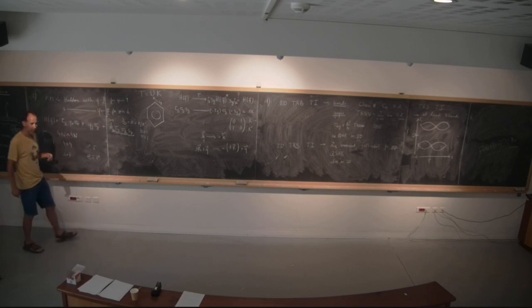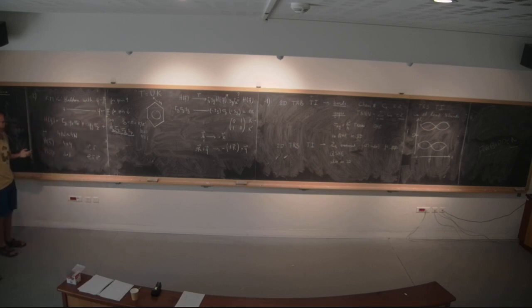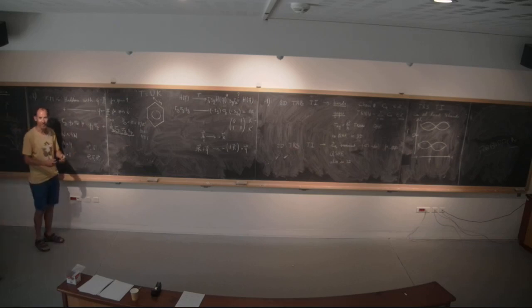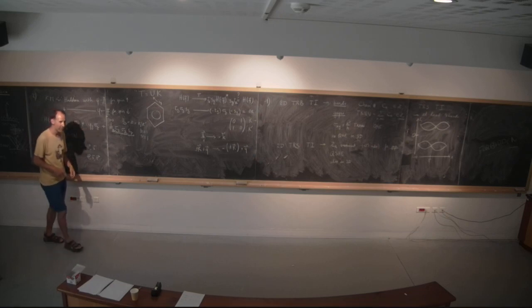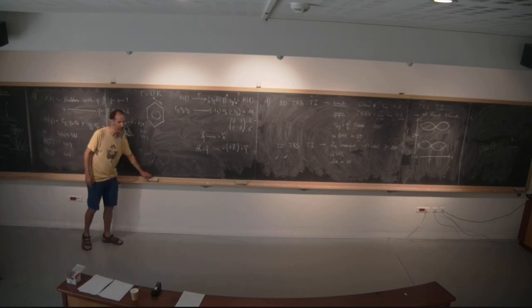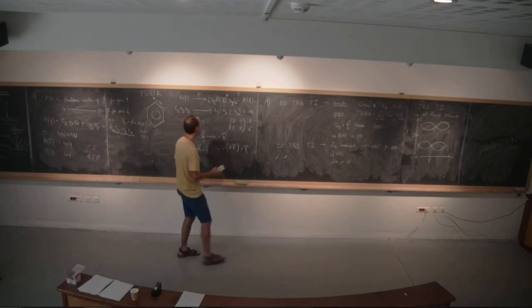But Kane and Mele were smart enough to realize that such a term ought to be present, just on symmetry reasons. And if you imagine that this term is enhanced for some reason, you go to another material, then you will see that it opens a gap, it realizes an insulator, but an insulator which has some interesting properties, despite the fact that it doesn't break time reversal symmetry.